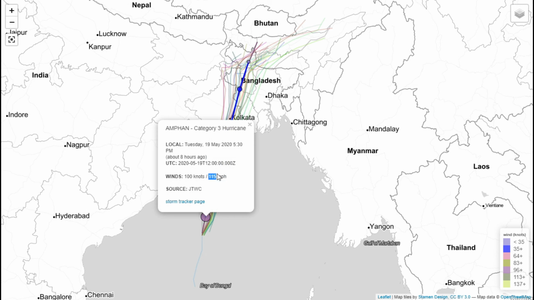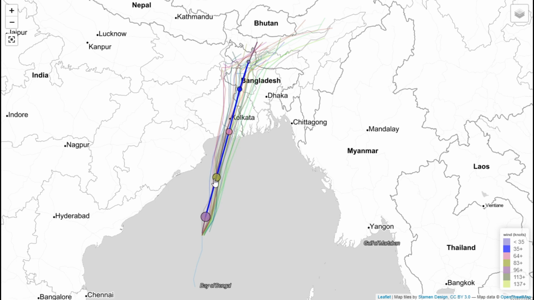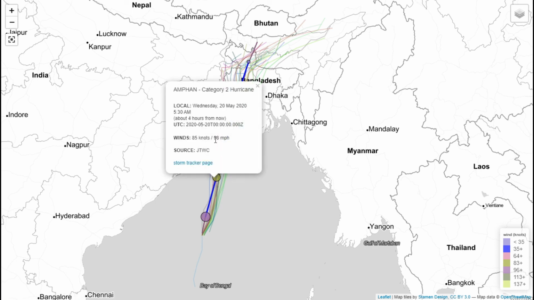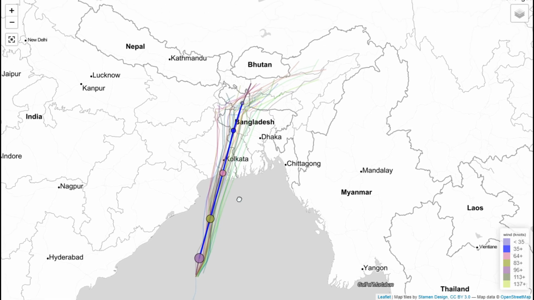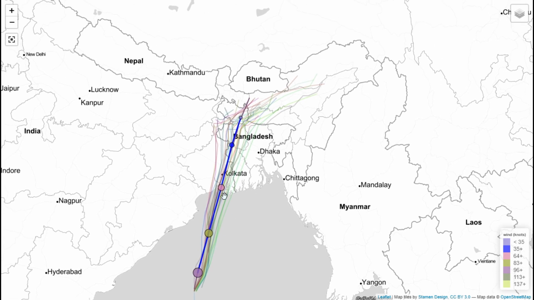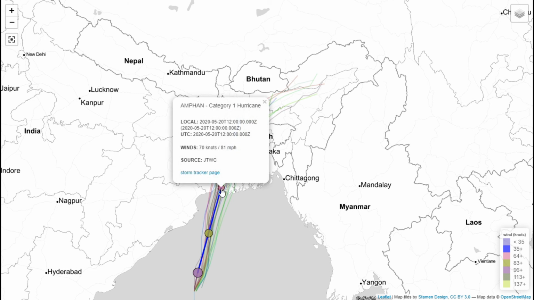Now let us further move towards point number 3. Okay, as you see, at point number 3, AMPHAN will become a category 1 hurricane, that is at 5:30 p.m. Wednesday 20th May. That's about 16 hours from now.